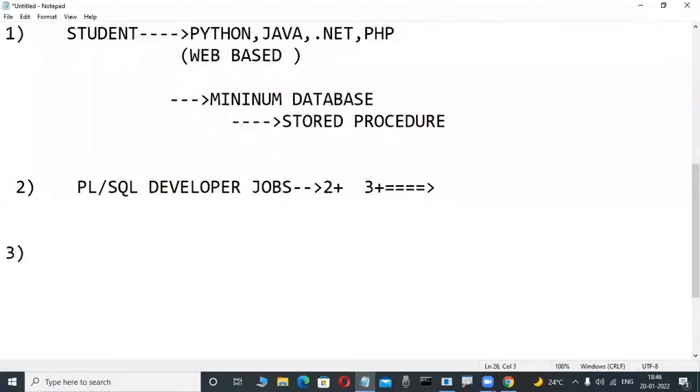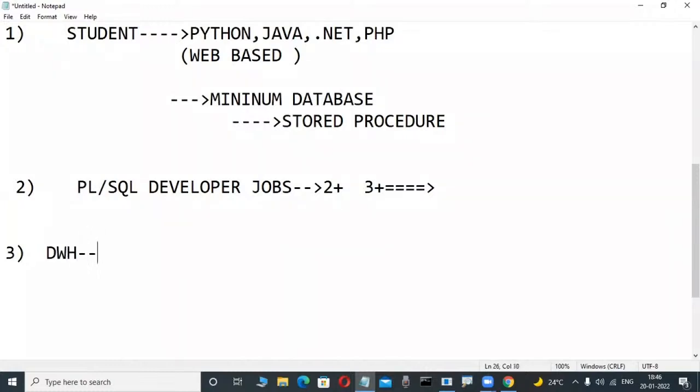Another type of persons: nowadays, so many persons don't have very good coding knowledge, maybe non-technical persons who want to move into software. In that case, there is one type of job: data warehousing technologies.